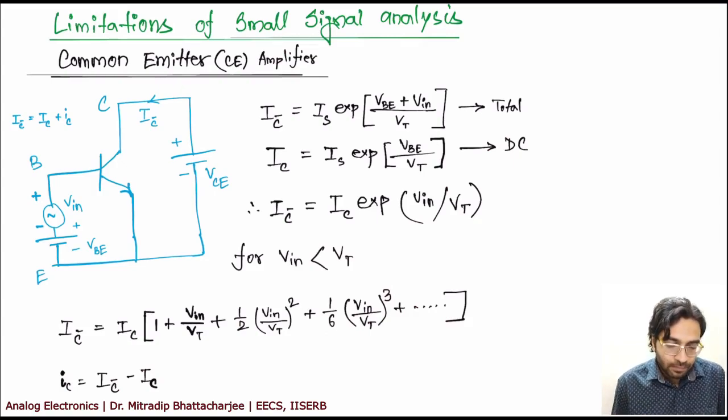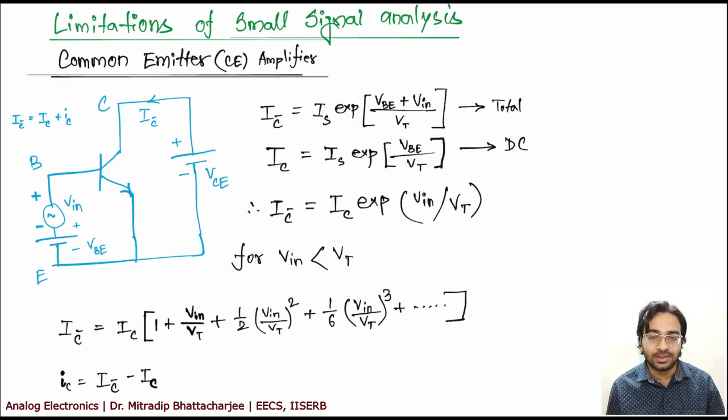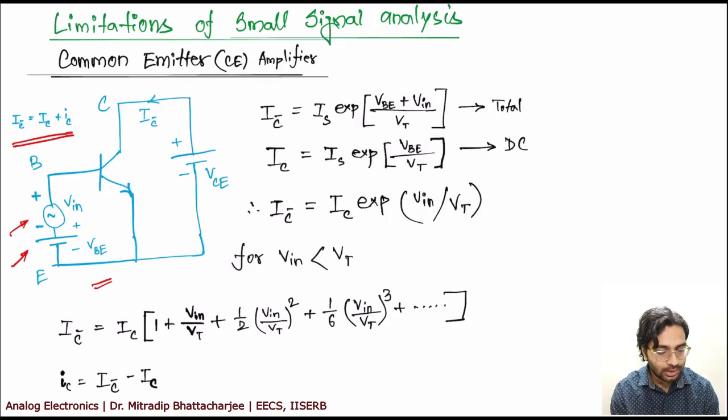Now let us see the limitation of the small signal analysis, because we are doing a small signal analysis study. For that purpose, I have taken this circuit into consideration, wherein we used a DC bias over which we superimposed the AC signal Vin, and this is again an NPN transistor, and the total current is equal to DC plus AC, as I have said.